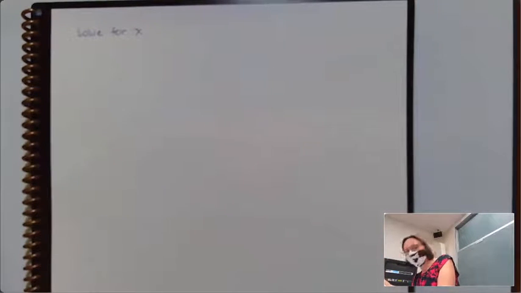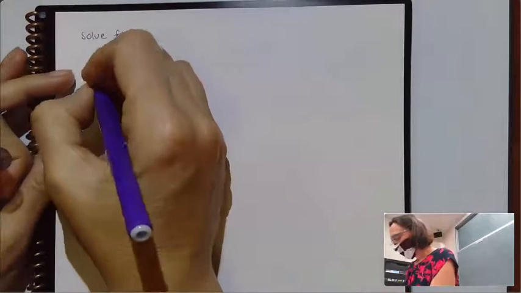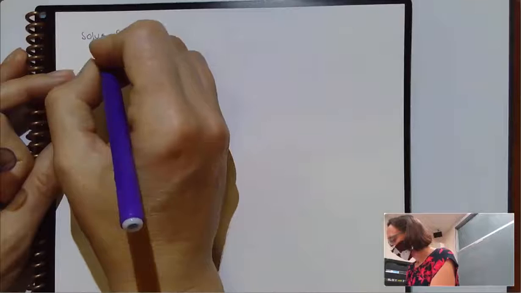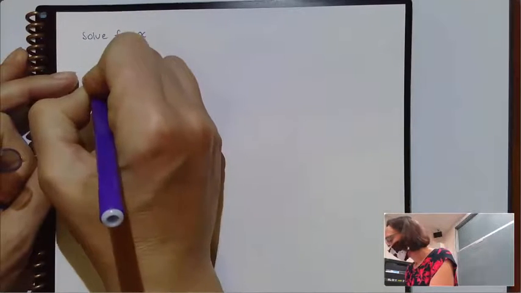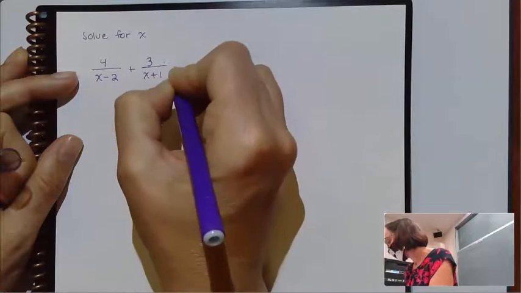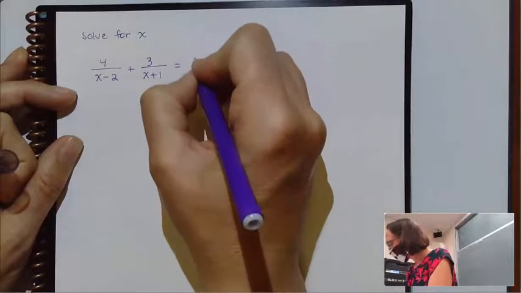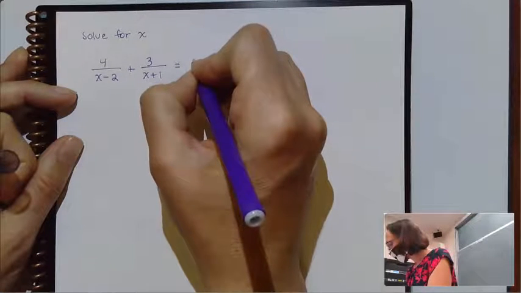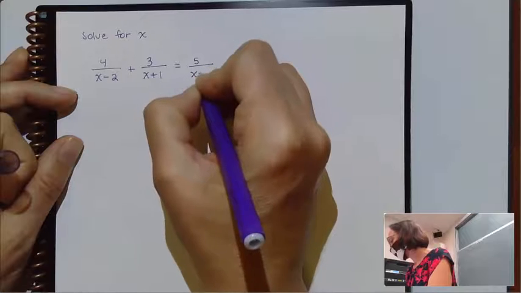Let's just straight up solve for x on one of these. I'm going to have 4 over x minus 2 plus 3 over x plus 1 is equal to 5 over x minus 2.